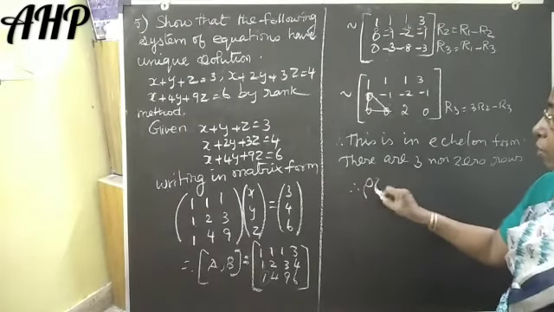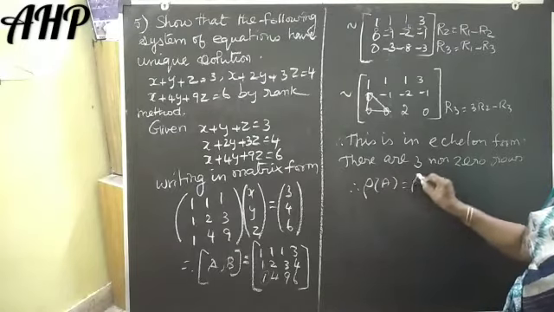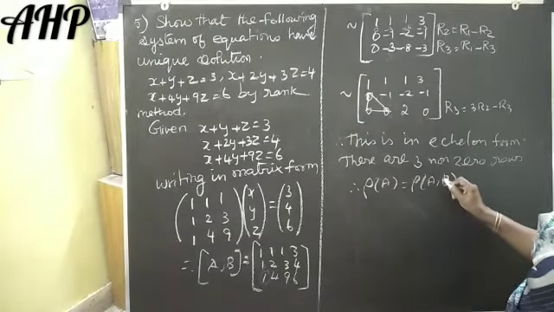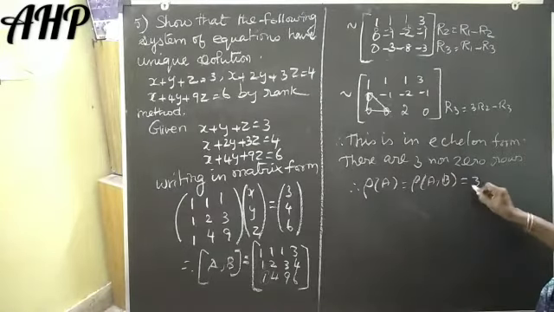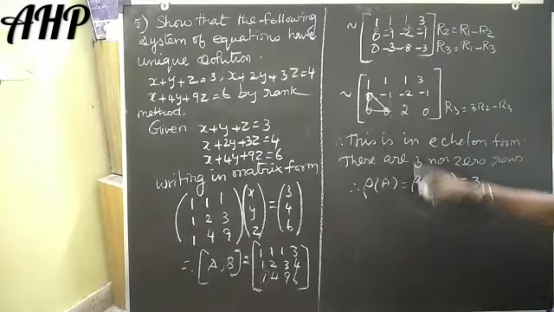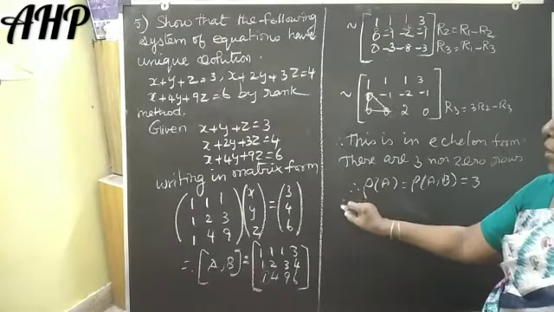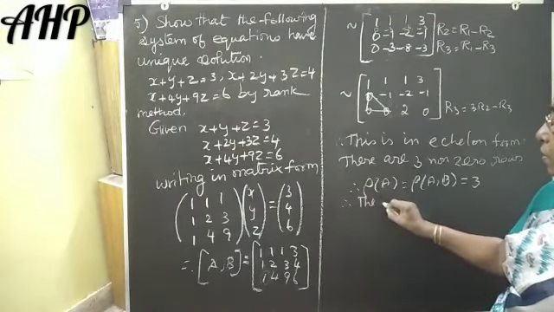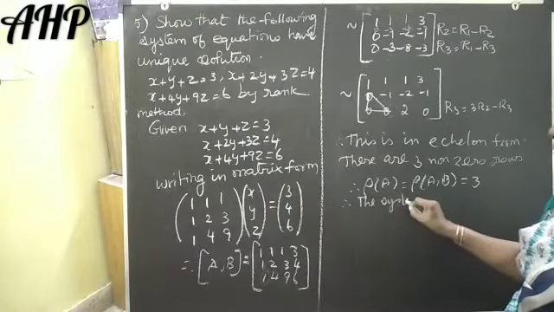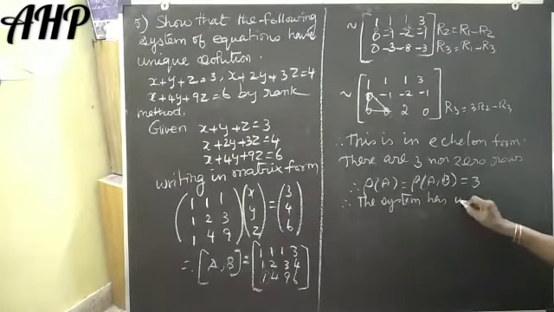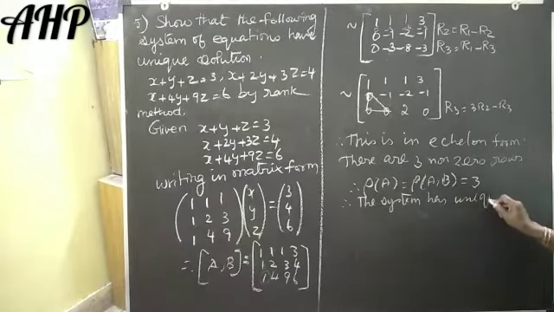Therefore, rank of A is equal to rank of AB is equal to 3, equal to n. Hence, the system has unique solution.